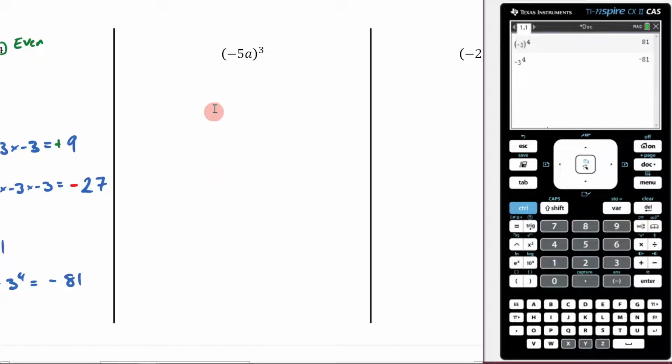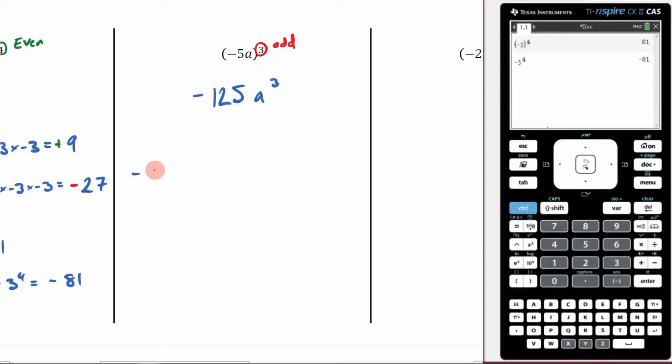Over here, take note. I've got a negative base here, and I've got an odd number. So that means my answer is going to be negative. So that means I'm going to get negative 125a to the 3. So just think through what's happening there in order to get the best result.